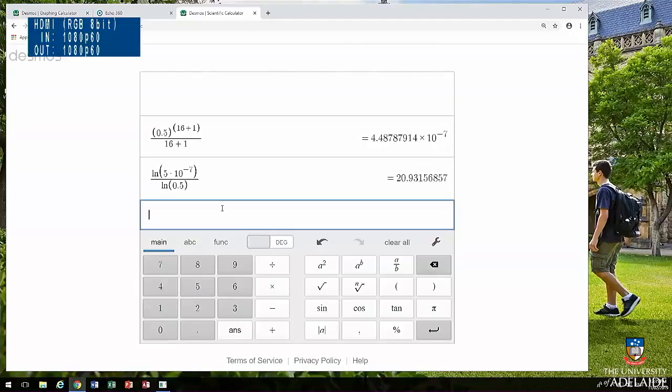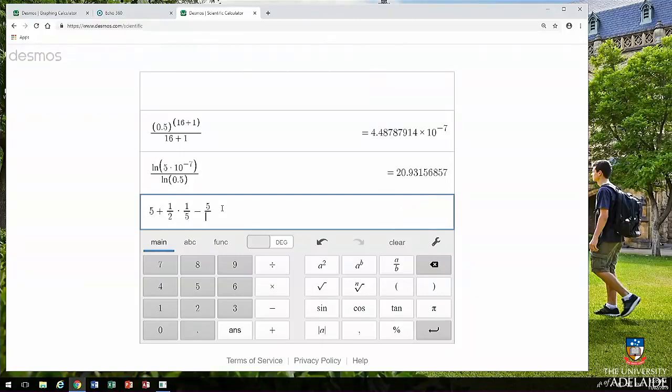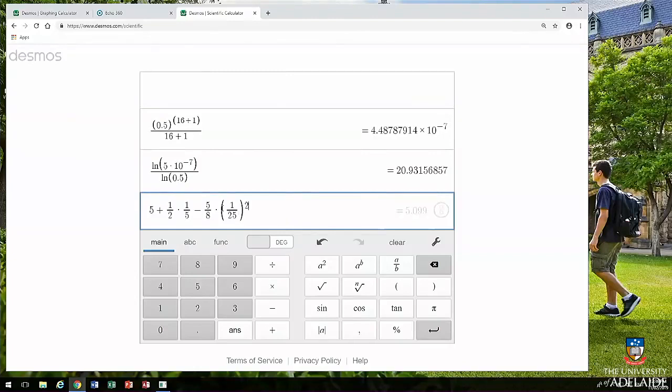So it's supposed to be 5 plus a half times a fifth, minus 5/8 times 1 over 25 squared, plus 5/16 times 1 over 25 to the 3. There you go, it's 5.099.